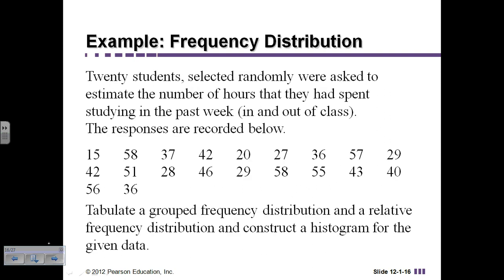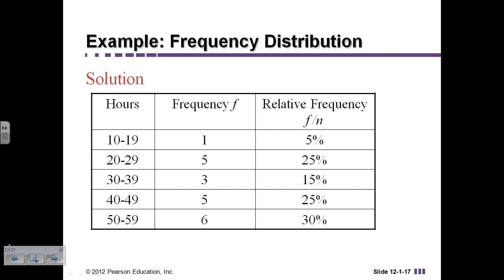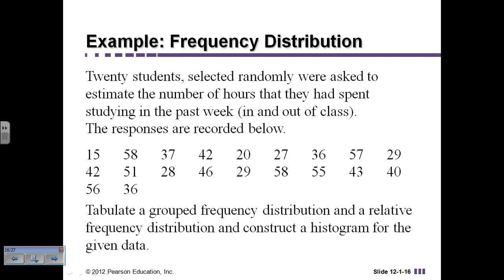So here we have information. There were 20 students that were asked to estimate the number of hours that they spent studying in the past week. So if I took this information and I plotted it, like did a frequency distribution or relative frequency, I could get a lot of information. If I were to try and do it separately, there was 1 student that spent 15 hours.